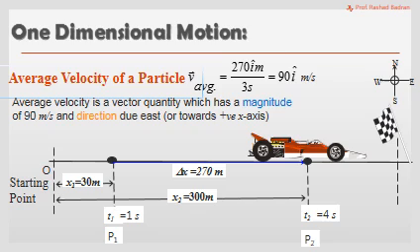Thus, the average velocity as a vector quantity equals 90 i hat meter per second. So the average velocity has a magnitude of 90 meter per second with the direction due east.